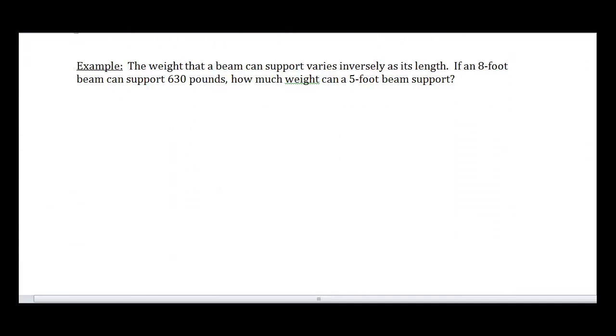It says the weight that a beam can support varies inversely, keyword here, as its length. If an 8-foot beam, okay, can support 630 pounds, that's my first set of values, how much weight can a 5-foot beam support?